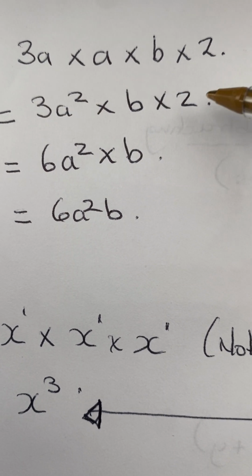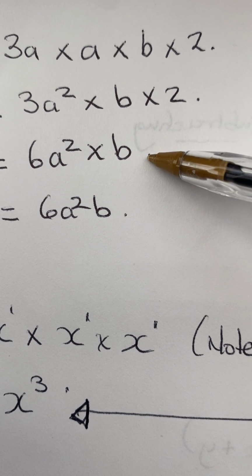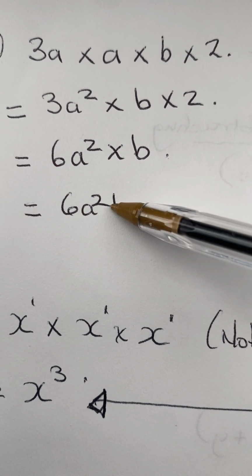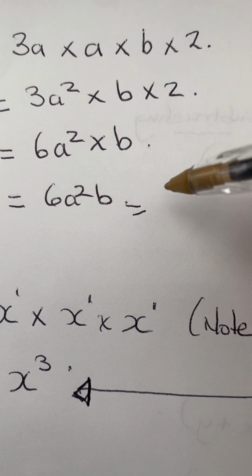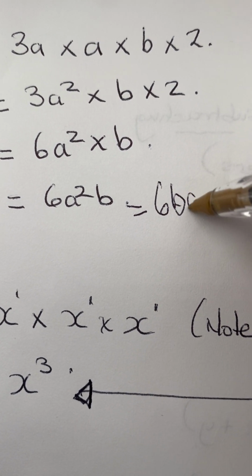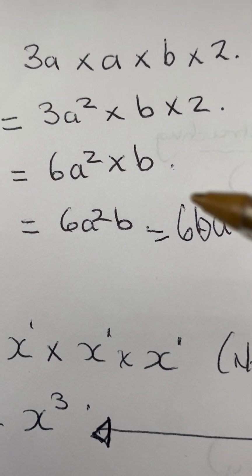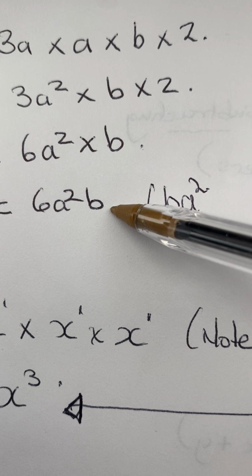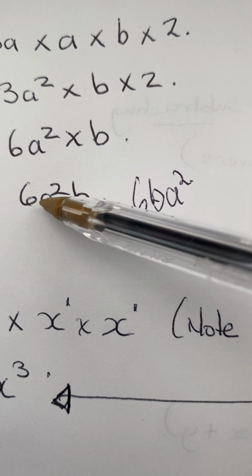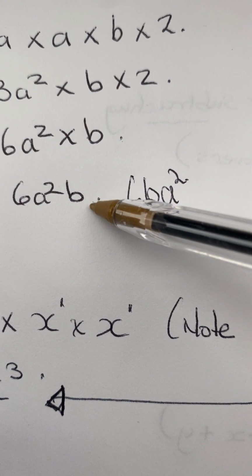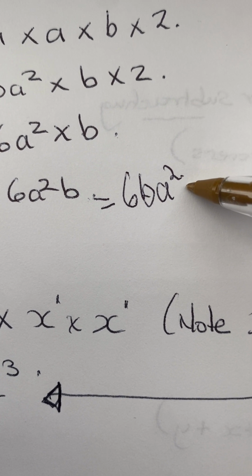Now 3 times 2 is 6. a squared times b. So now we have 6a squared b, or 6b a squared. It's the same thing. Okay, it's like 3 times 2 or 2 times 3. So 6a squared b, you can also write 6b a squared.